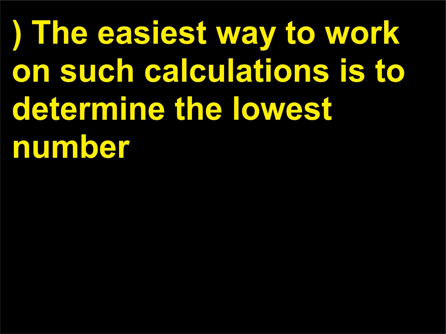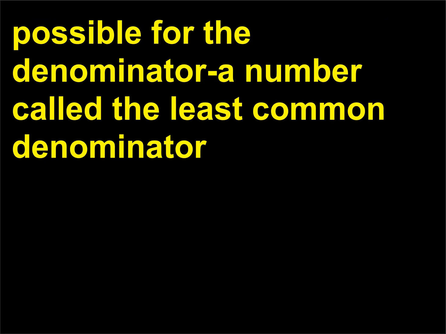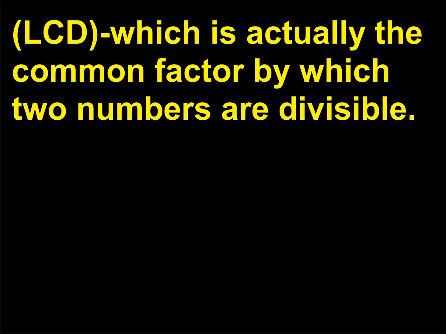The easiest way to work on such calculations is to determine the lowest number possible for the denominator, a number called the least common denominator, LCD, which is actually the common factor by which 2 numbers are divisible.